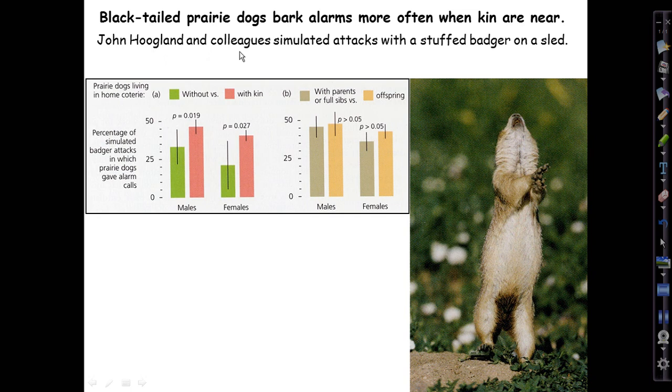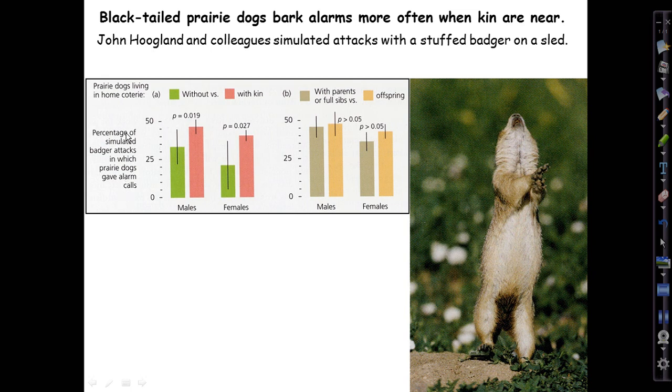John Hoagland and colleagues studied this in black-tailed prairie dogs, another small squirrel, and they give bark alarms, it turns out, more commonly when kin are near. And they did experimental tests by dragging a stuffed badger on a sled near these guys who were in a position to possibly call, and they did.